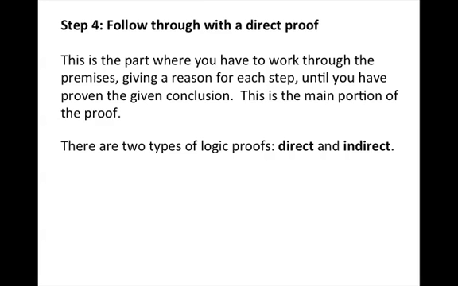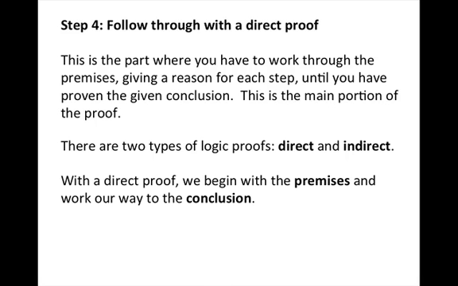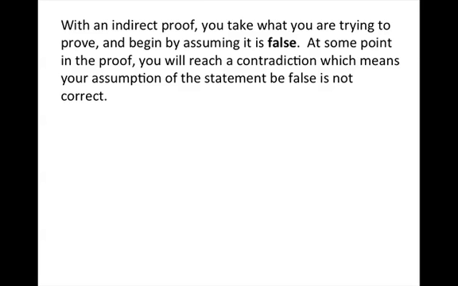Well, there's two types of logic proofs. There's a direct proof and an indirect proof. With a direct proof, you begin with the premises and work your way to the conclusion. With an indirect proof, you take what you're trying to prove and begin by assuming that it's false.